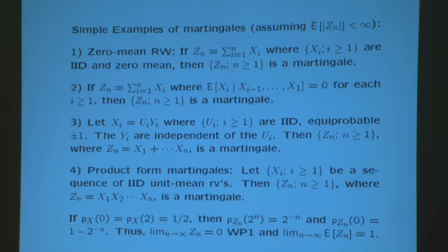Okay, so the product form martingale, there's a sequence of IID unit mean random variables, and Z sub n, which is the product, is then a martingale, if you assume this condition up here, of course.